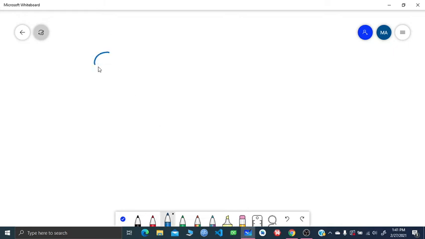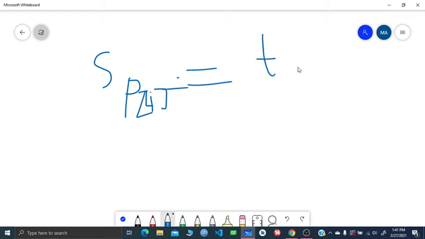To clarify, s of something and t of something refer to characters, but this p of i refers to an index.